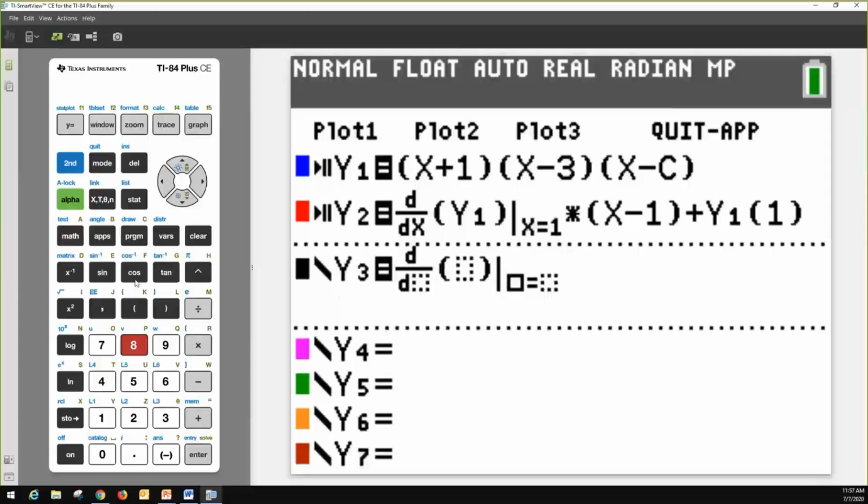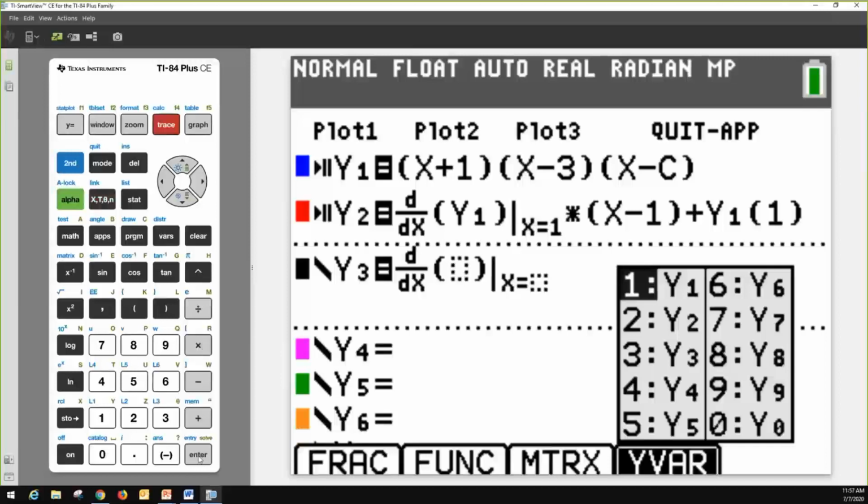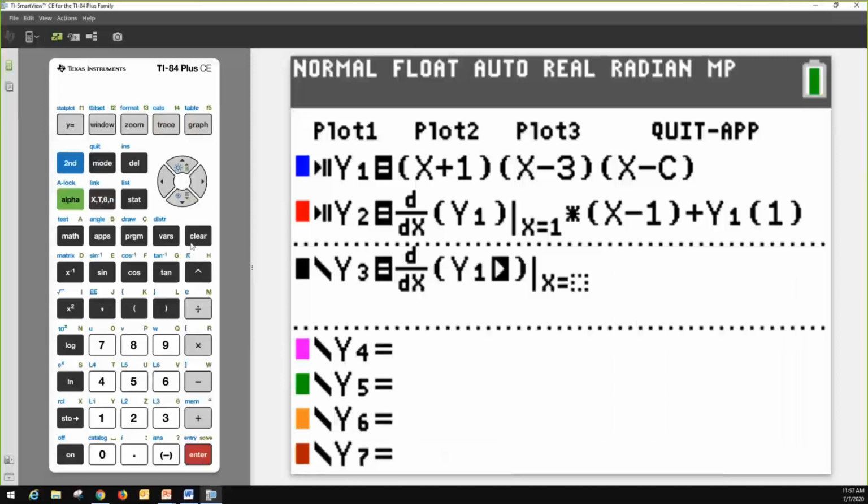So what I've done in this question so far is I can put x, I tell it what I want to do the derivative of. In this case, my equation is stored in y1, or you can type the equation directly, like if it was sine x, put sine x in there. To get my y1, I'll press alpha and trace, and there's y1.